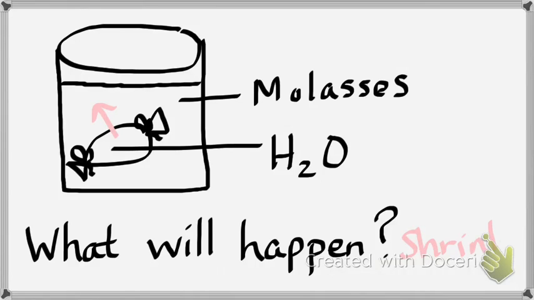What kind of environment did we put this bag in? Hyper. This one's hyper. Good. Okay, so you should be able to look at a picture like that and tell me what will happen, thinking about movement of water. What do you call the movement of water across a membrane? Starts with an O. Osmosis. So what we're doing here is osmosis.